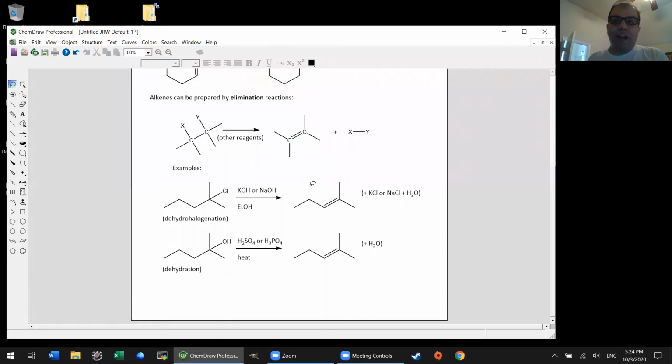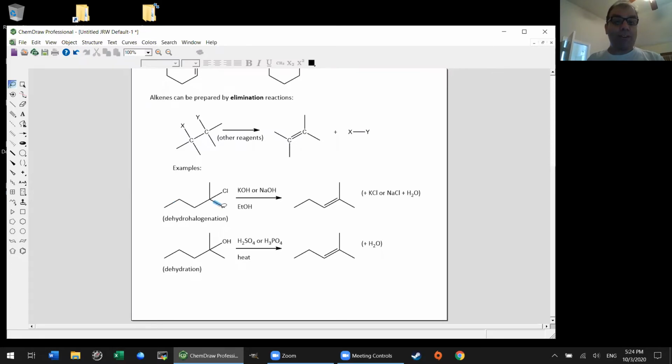And just to give a couple of examples of common types of elimination reactions that yield alkenes, one can perform a dehydrohalogenation reaction. And of course, this chlorine could be bromine or iodine, or honestly, even with fluorine, it might work. Might not be the best way to do it, but it could very well work.